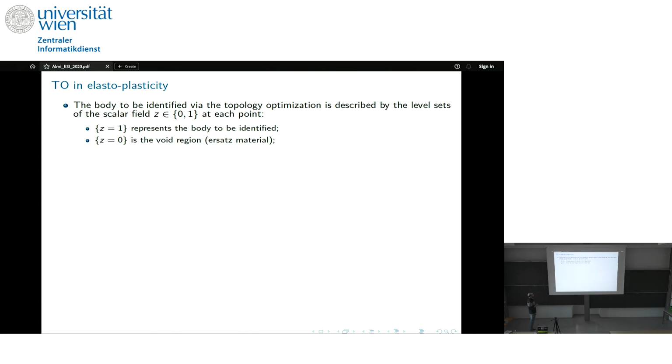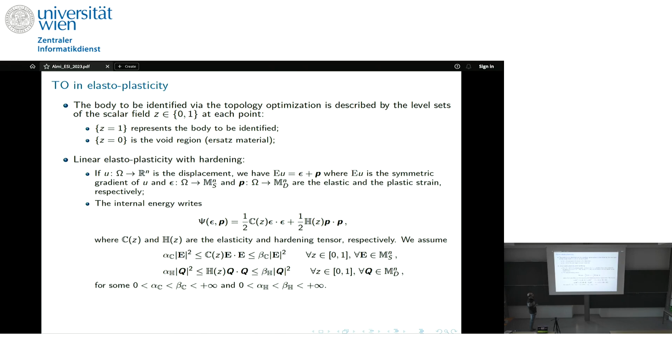Good, so this is the description of the distribution of the material. Now the point is elastoplasticity. We work in a linearized setting, and just to have a round energy, we work also with hardening, so that everything is described in terms of functions and there are no measures involved. In particular, the plastic strain is a function, not a measure.